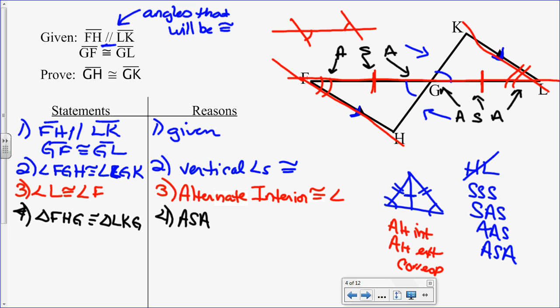Last step. Last step, we need to get the two parts congruent. So GH congruent to GK. What's the reason? Why are GH and GK congruent?